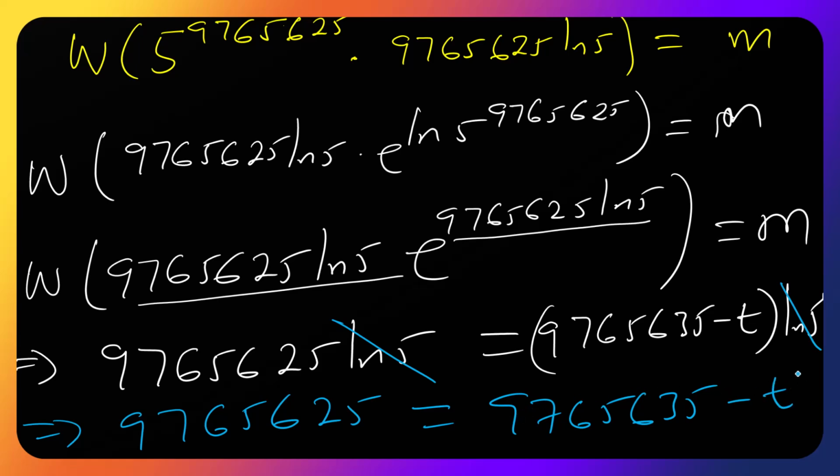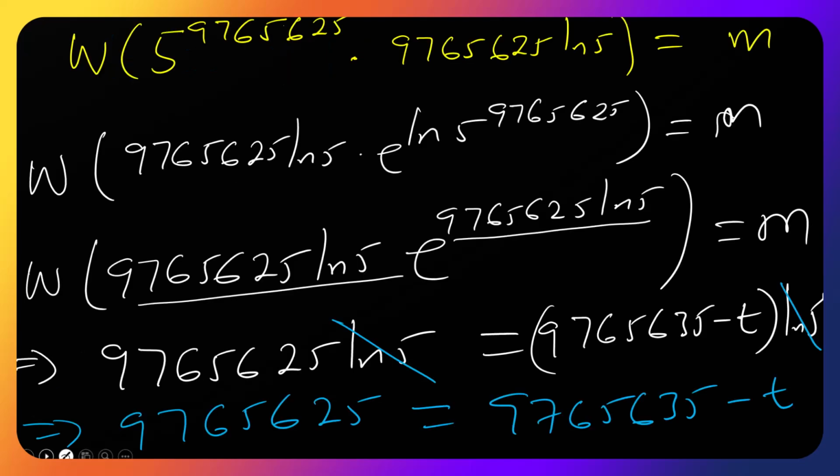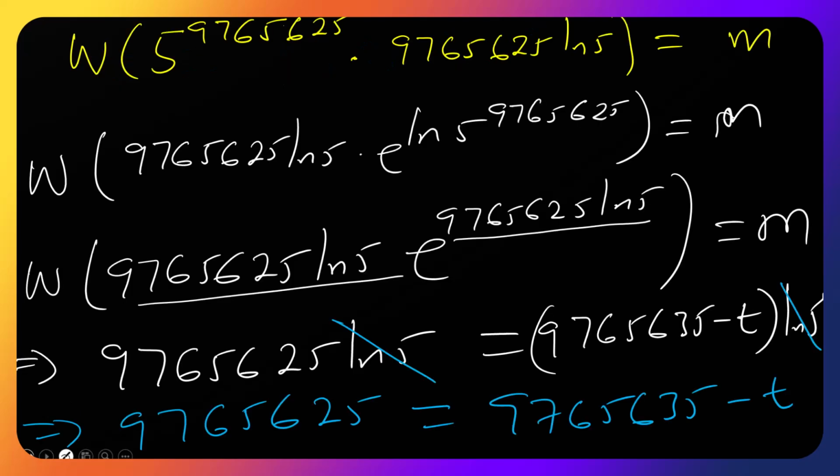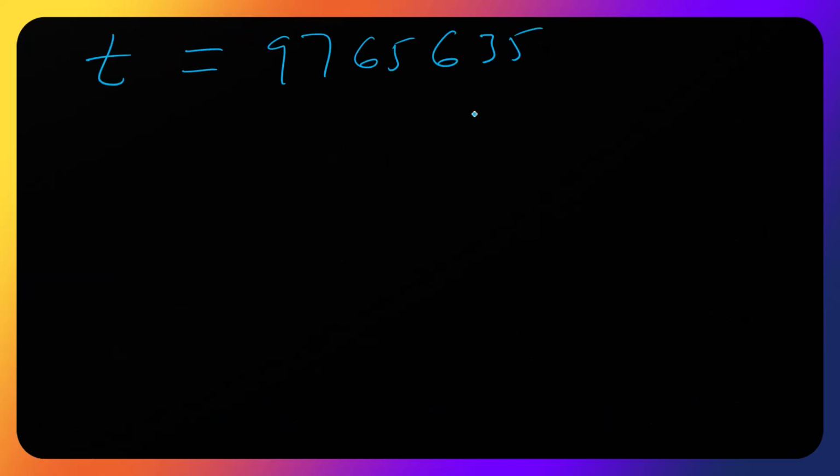So we can make t the subject. So t will come to the left, and this one will go. So that will be t equals 9765635 minus 9765625.